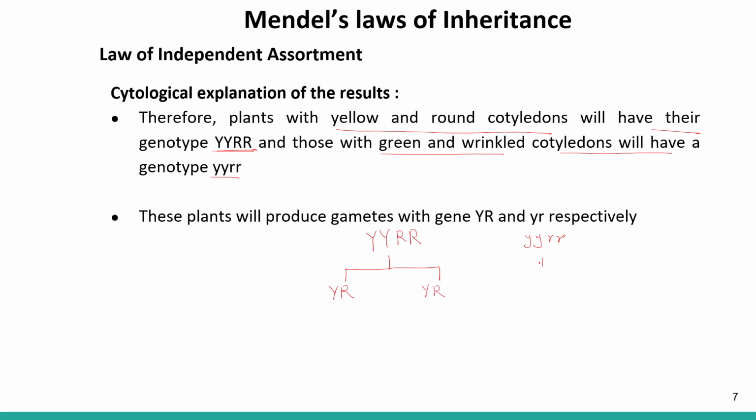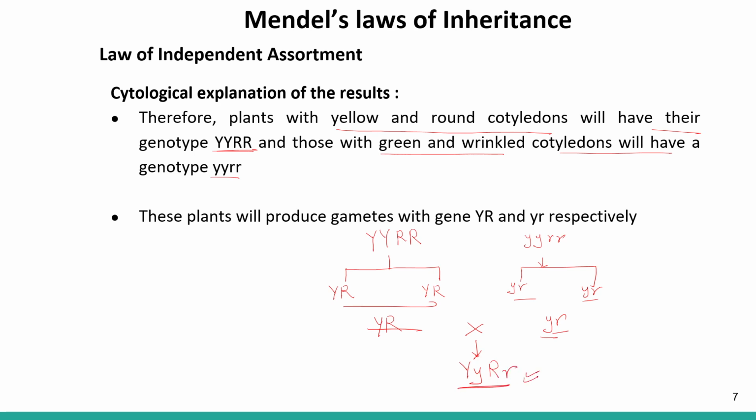And this will produce small y, small r, small y, small r. So generally this one will have capital Y, capital R, and this will have small y, small r type of gametes. When these gametes fertilize, they will produce capital Y, small y, capital R, small r, right?